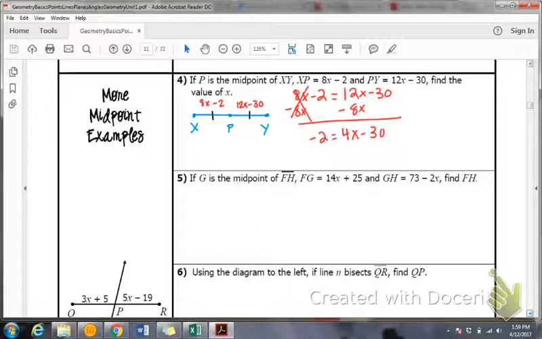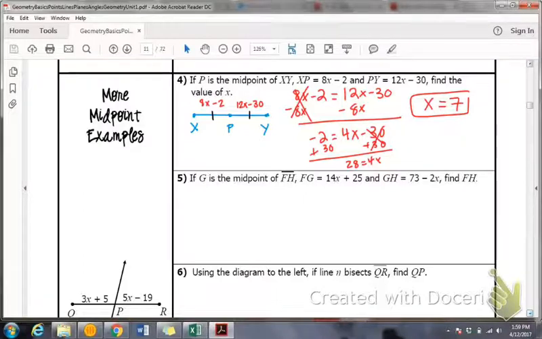How do we get x by itself? Add 30 over to the other side, right? So then I get 28 equals 4x. Divide by 4. X is 7.